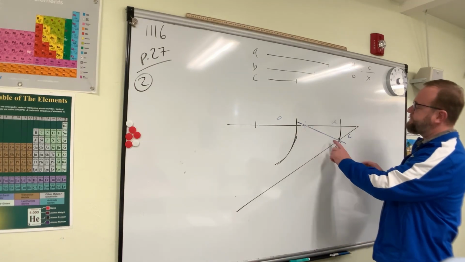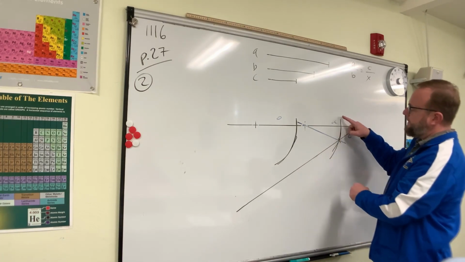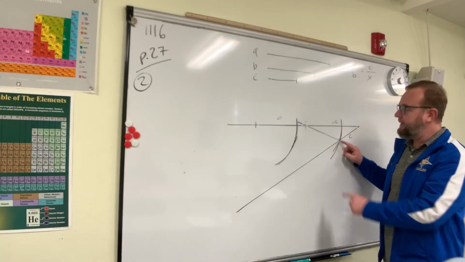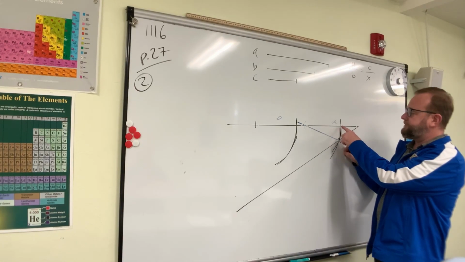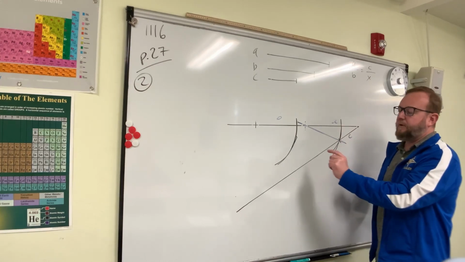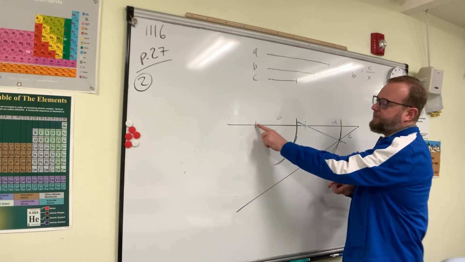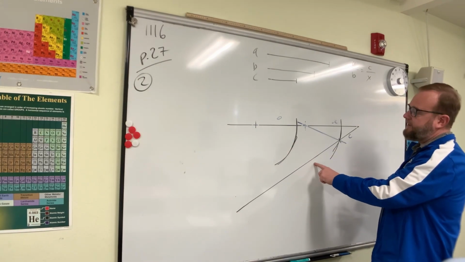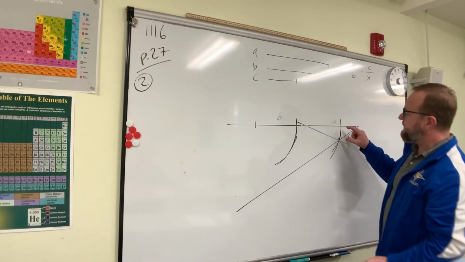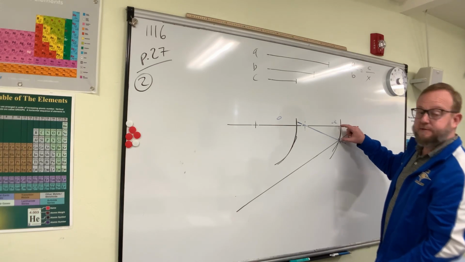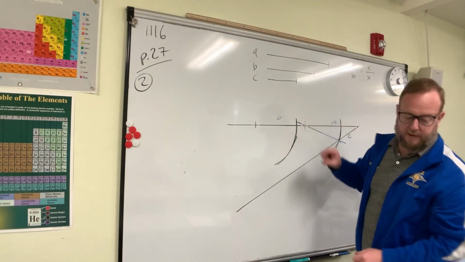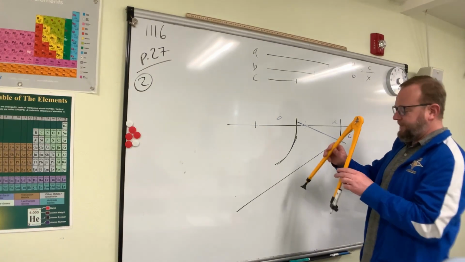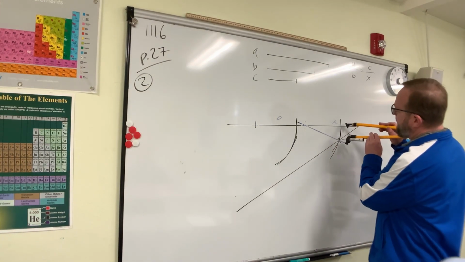I've got this line, and I put my compass so I was able to create this arc that passes through this point but touches this side. Because if I want to recreate a line that goes through here and eventually intersects this side, I need to know what this distance is so I can recreate it there. And of course I'll do that using my compass again. This will be much easier on your paper with your little compass.